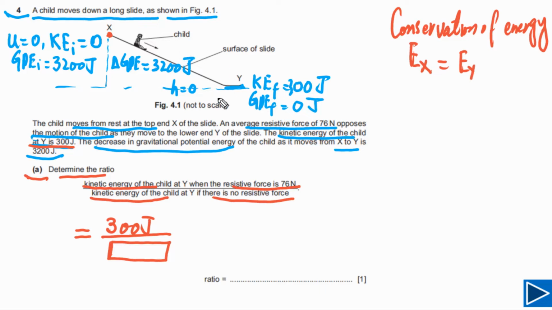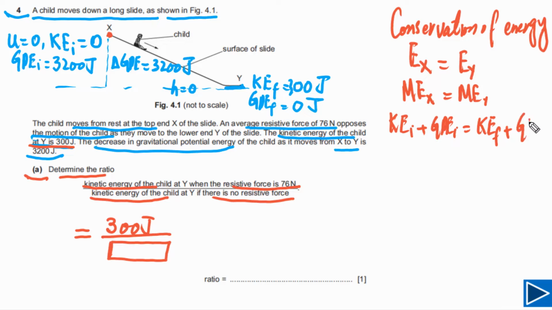If there is no resistive force, mechanical energy is conserved. So mechanical energy at x has to be equal to mechanical energy at y. Mechanical energy simply means kinetic energy initial plus gravitational potential energy initial, and this has to be equal to kinetic energy final plus gravitational potential energy final.